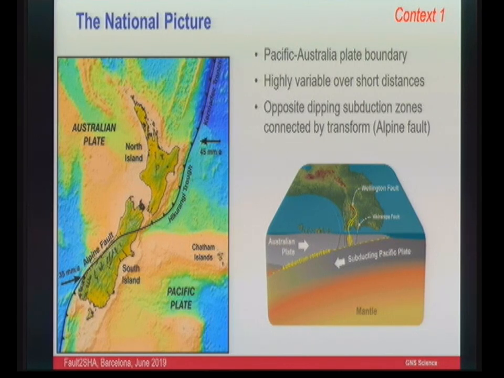But in the north here around the Kaikoura area, we go from oblique subduction with strike slip zone, partitioned strike slip, into essentially an upper plate boundary. Okay, so we've got the subduction here, and in the North Island, the Wairarapa and the Wellington fault, and a little bit further to the south, the Marlborough fault system.